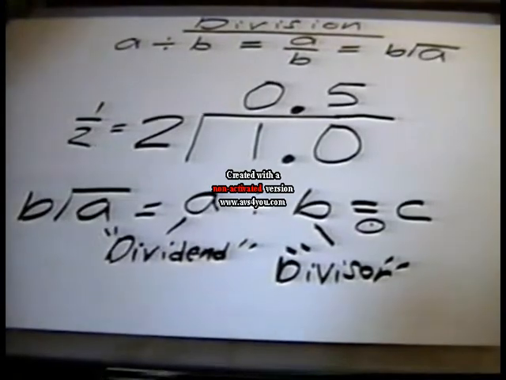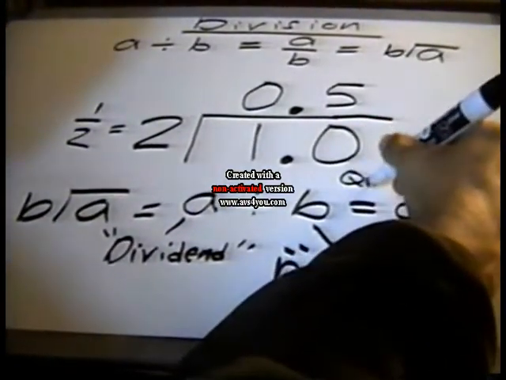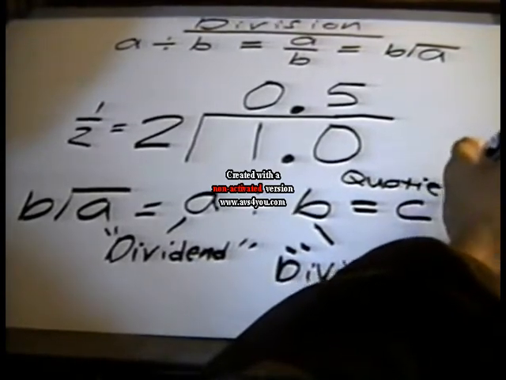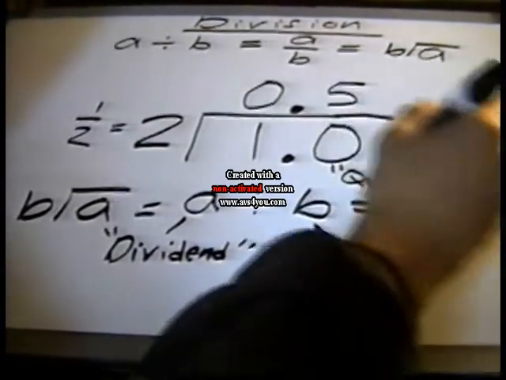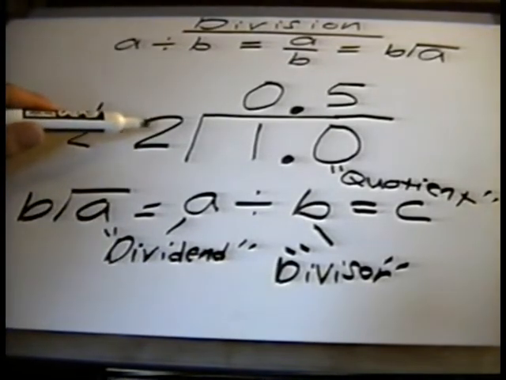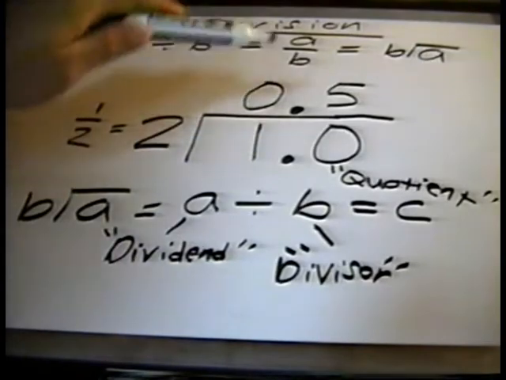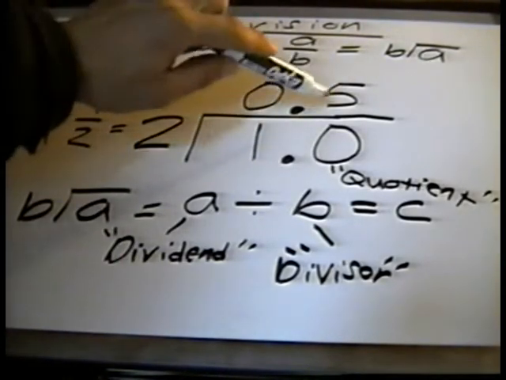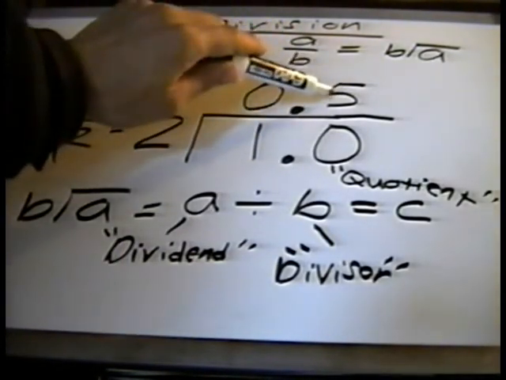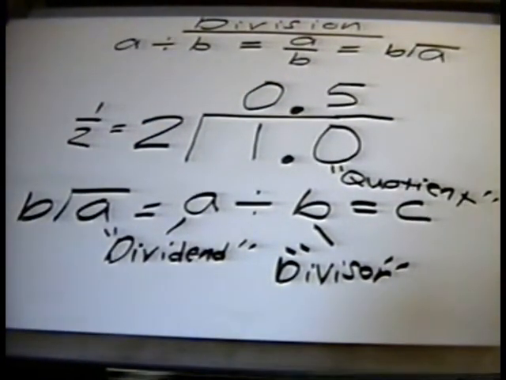And C is the quotient. So here, we call 2 the divisor, 10 is our dividend, and 0.5 or 5, the number here, is our quotient.